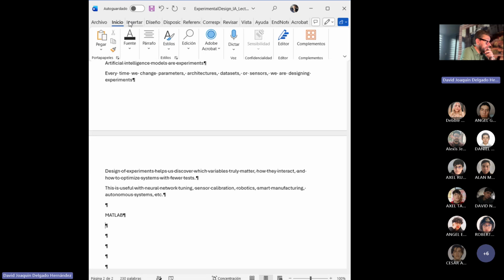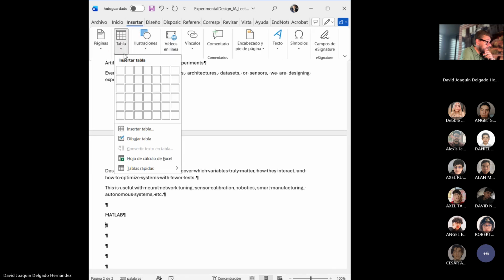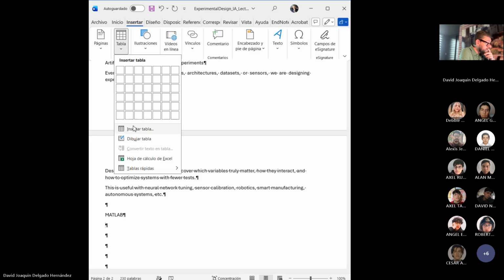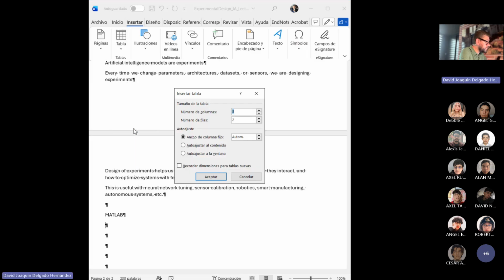Let me put a table, using 2 columns and 8 rows.